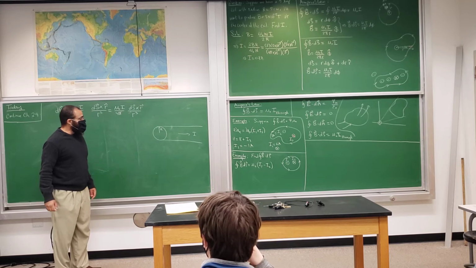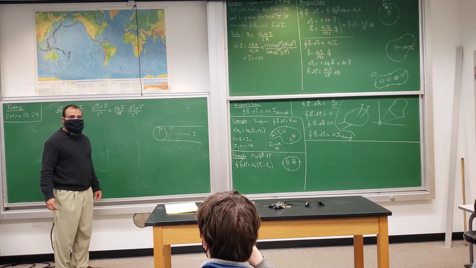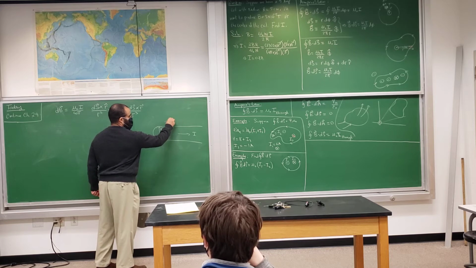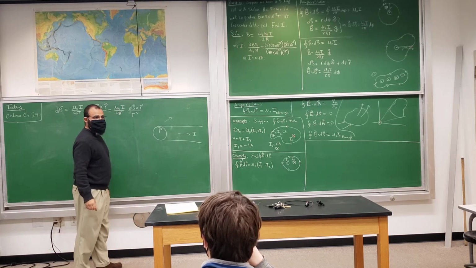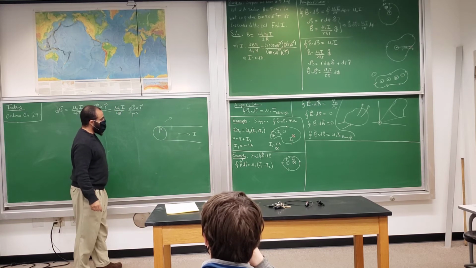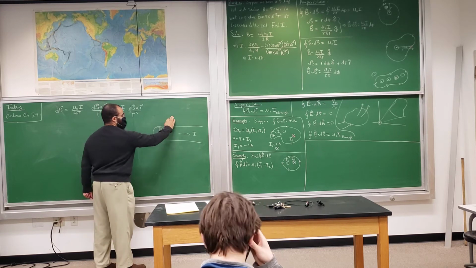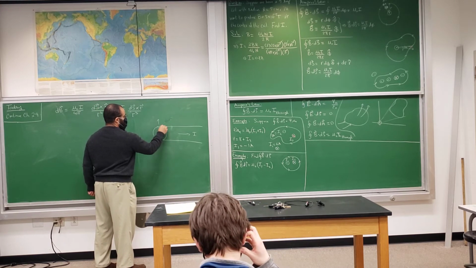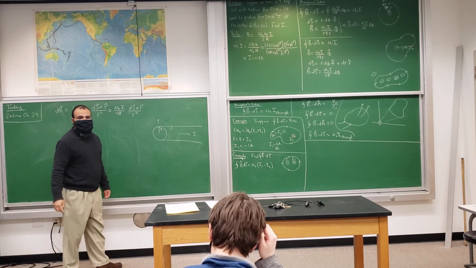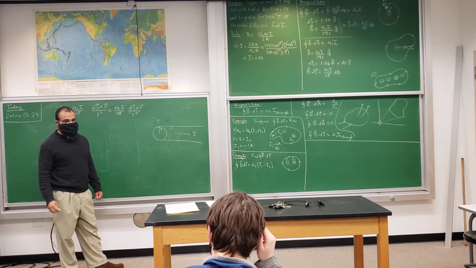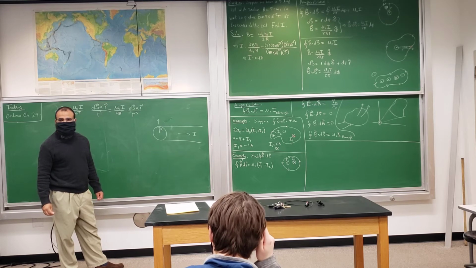On the outside, in what direction will the magnetic field be? Can the magnetic field have some kind of an angle like this? No. By symmetry, it either has to loop around, or it has to diverge outwards. It doesn't diverge outward because we don't have monopoles.